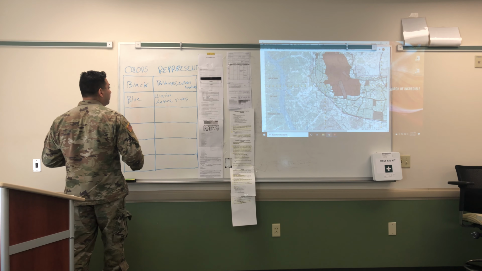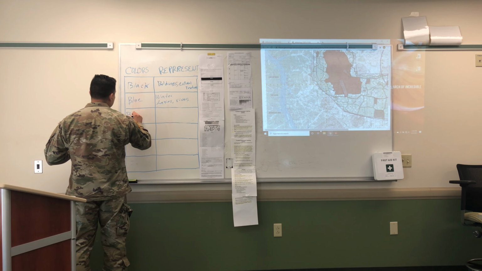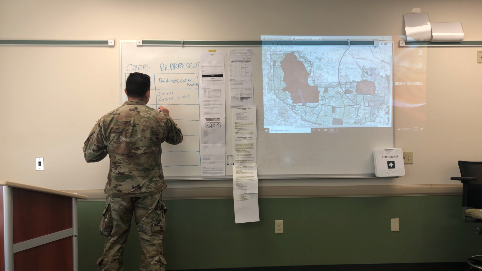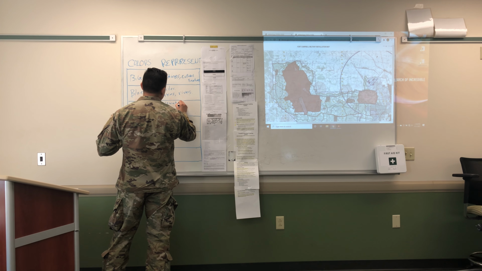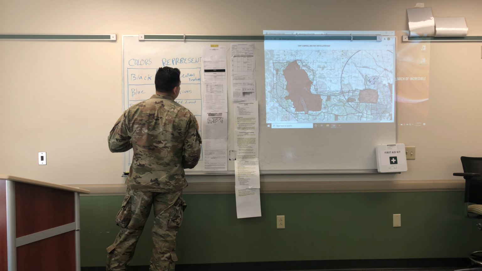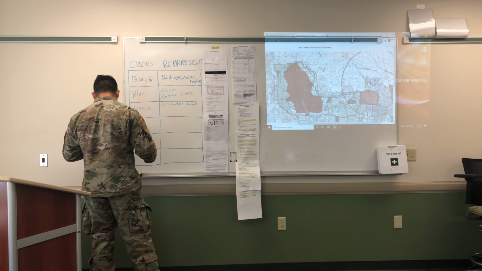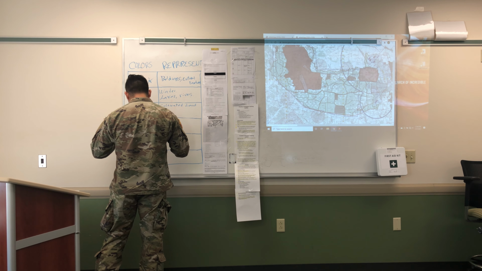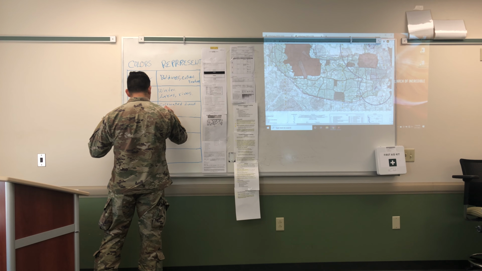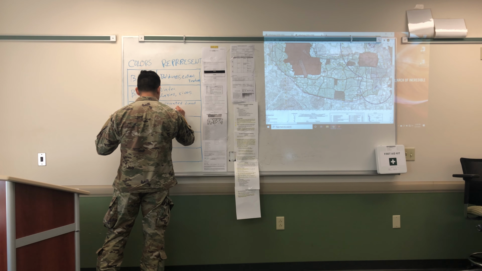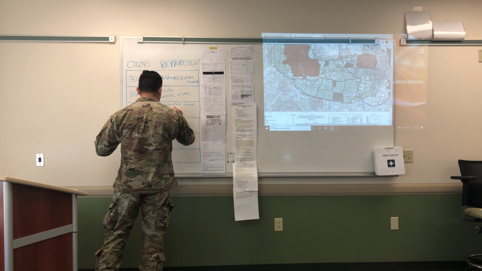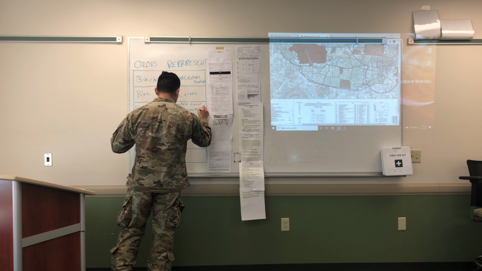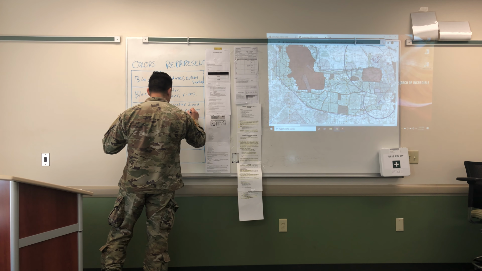The next color is brown. And brown represents cultivated land. And also it represents elevation, such as contour lines.